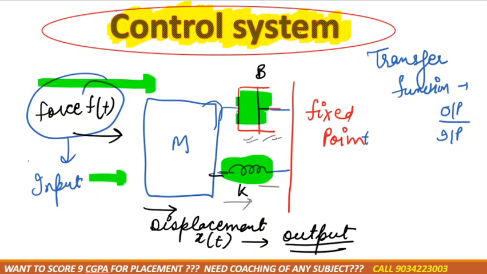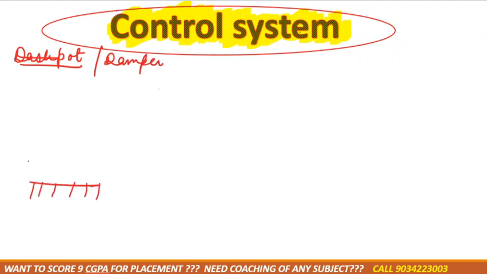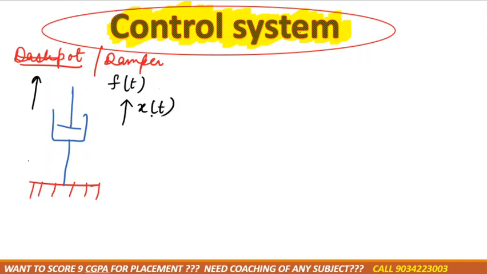Now we learn about the damper or dashpot also, whether it's extended or compressed. So now for the dashpot or damper, suppose we have fixed points, and we have a damper like this, connected to the fixed point, and suppose force is moving upward, then in that case displacement is also upward.